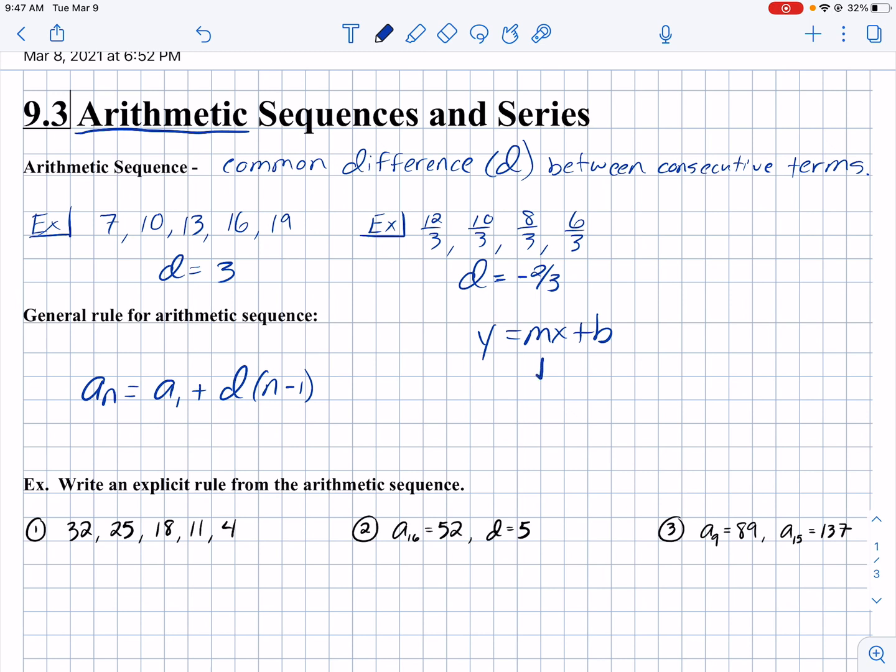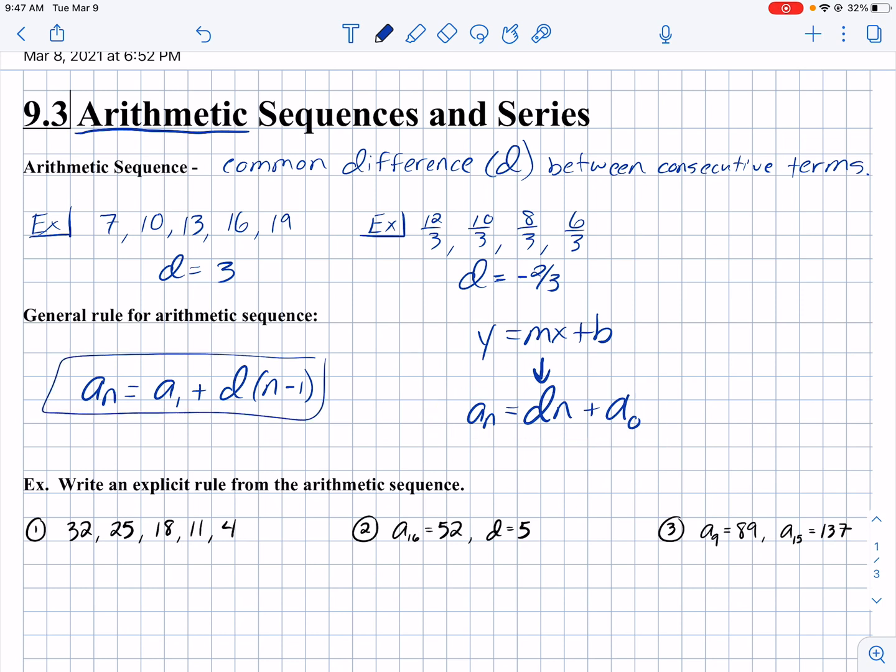This looks identical to a sub n equals your common difference times n plus b, where b stands for your y-intercept, which is where x is 0, so it would be a sub 0, term 0, in this explicit rule for our sequences. It comes from y equals mx plus b.